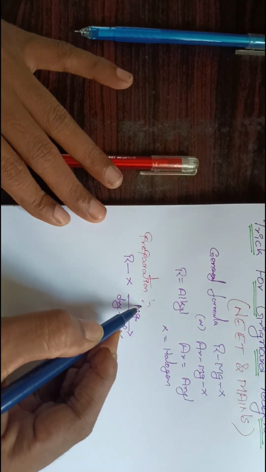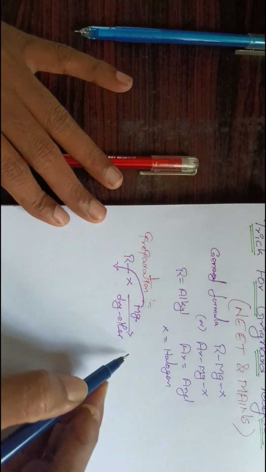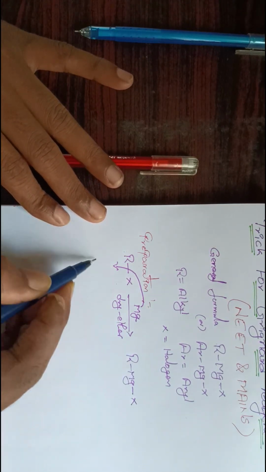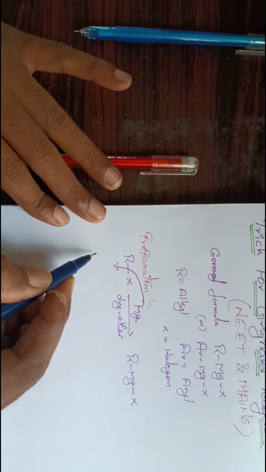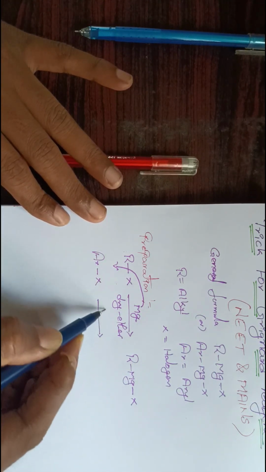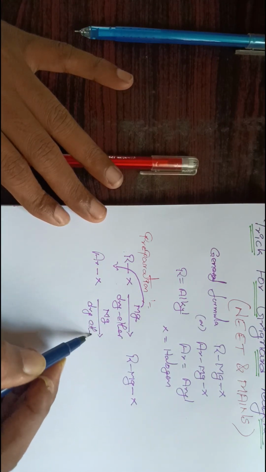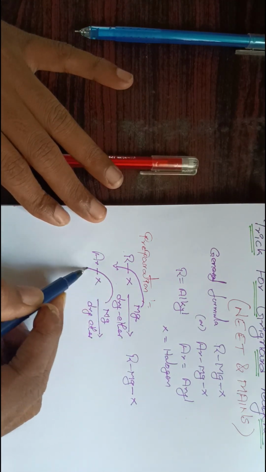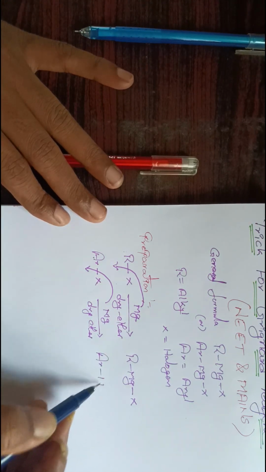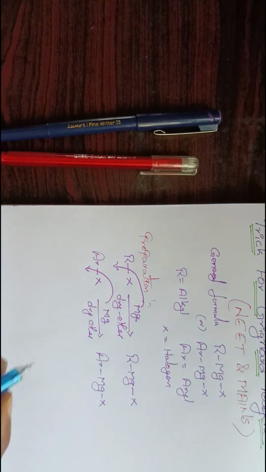Magnesium insertion takes place between R and halogen, giving RMgX. Like that, aryl halides ArX with magnesium in the presence of dry ether, magnesium insertion takes place between Ar and X, giving ArMgX. So this is the preparation of the Grignard reagent.